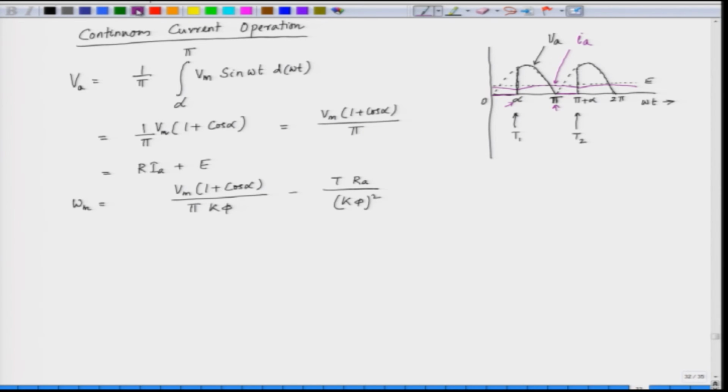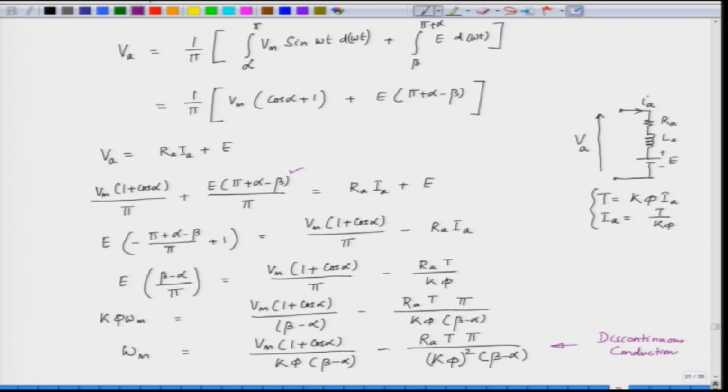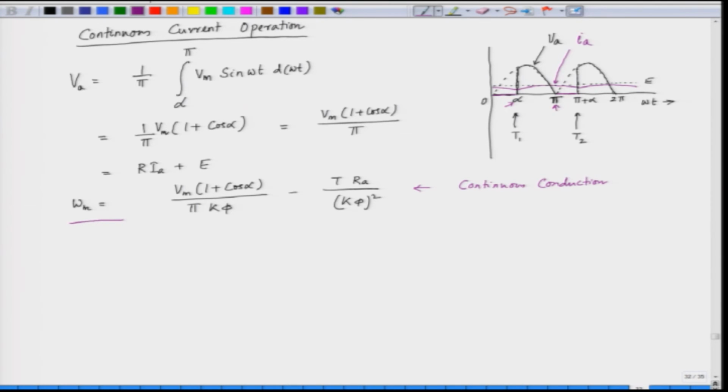This equation is valid for continuous conduction. Now, let us compare these two equations. Just previously we saw the equation of speed and torque relationship for discontinuous current conduction. This is that equation, and for continuous conduction we have this equation. So, we can draw the torque speed characteristic.